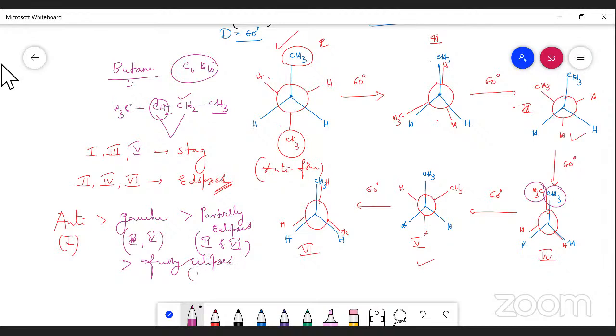So this is the order of stability in the case of n-butane: the anti-form is the most stable form. After the anti-form, the gauche form. After the gauche form, the partially eclipsed forms, and the least stable is the fully eclipsed form. This is the stability order. And when we draw the potential energy diagram for all 4 different types of conformation isomers, we get a diagram like this, I guess.